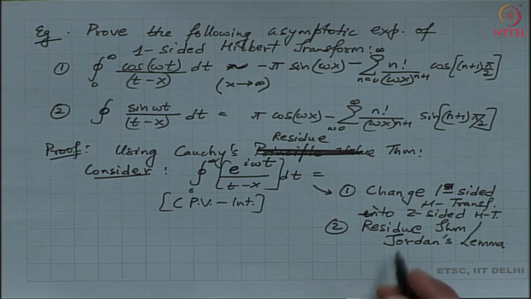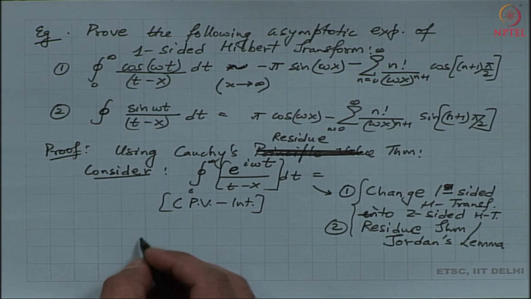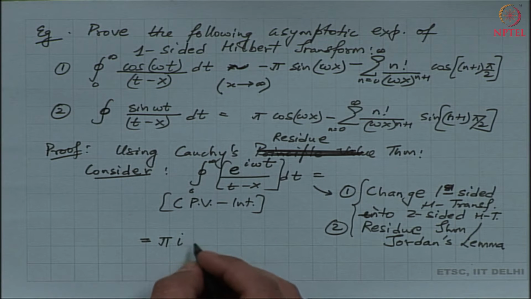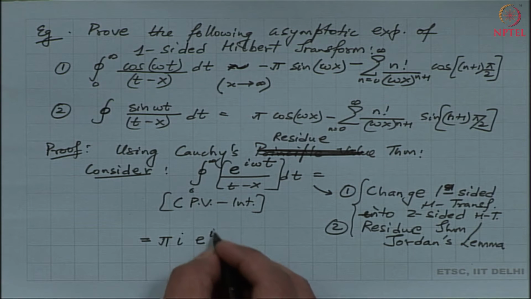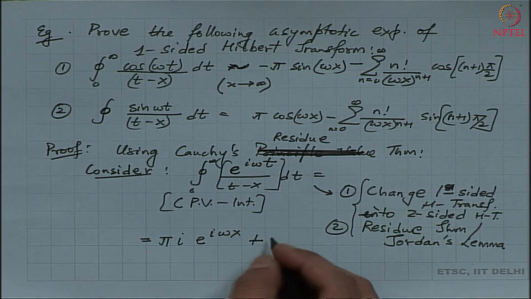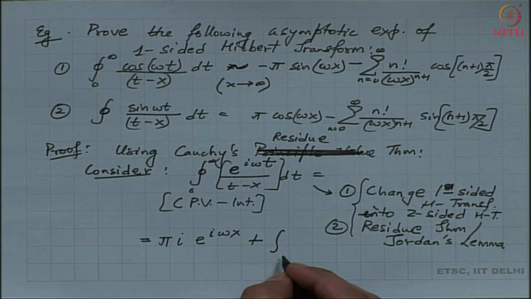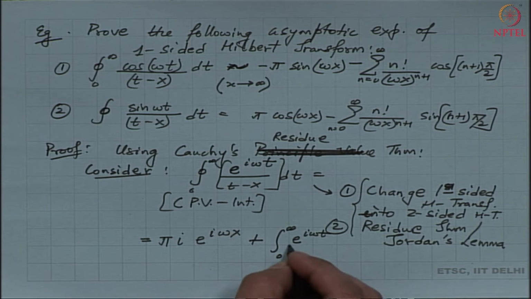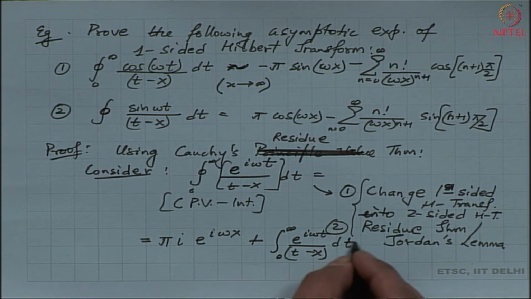Using all these steps, I get the following: pi i e to the power i omega x plus the real integral, which I leave as it is, the integral from 0 to infinity of e to the power i omega t divided by t minus x dt.